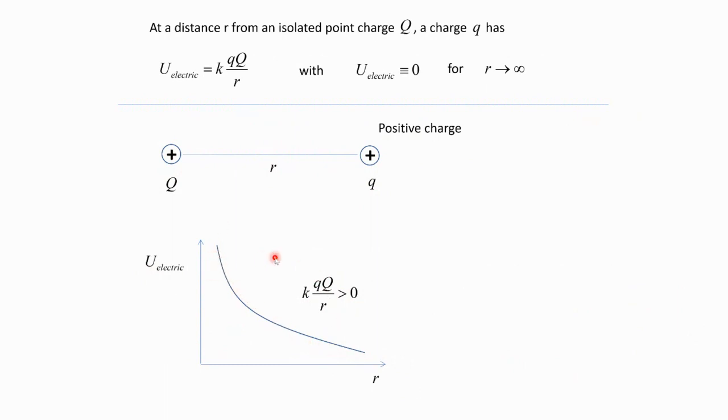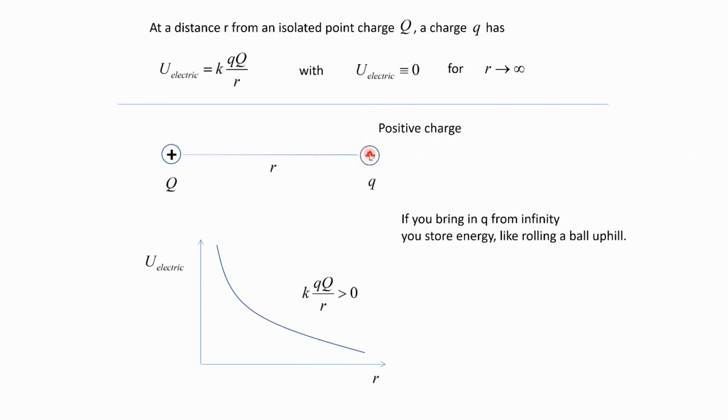It's like I'm pushing something uphill. If I bring in charge q, which is positive, from infinity, you're storing energy in it in the same way that if you roll a ball up a hill, you're storing gravitational potential energy in it. You can think of the shape of this curve as an actual hill. You're standing here and you push the charge up and it goes up. So you're storing energy in its location by pushing it up.